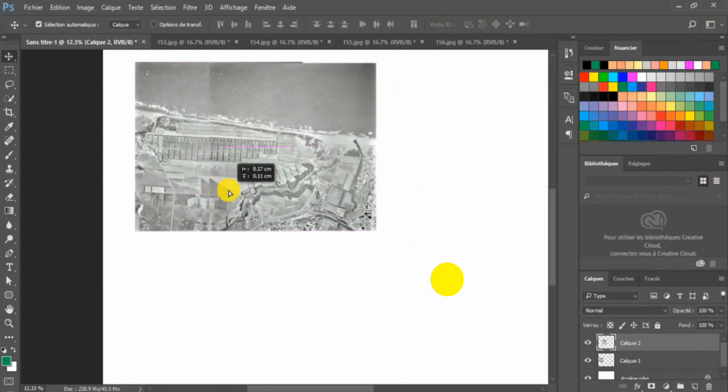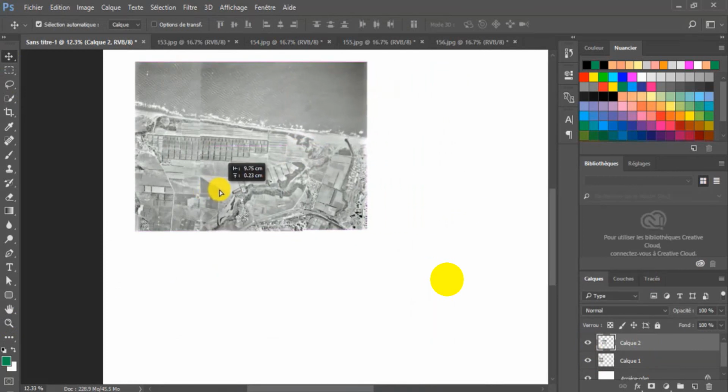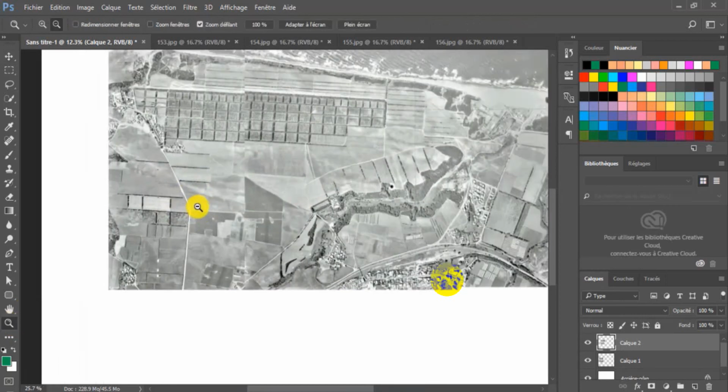There are no reference points. Just based on the images, you try to assemble.